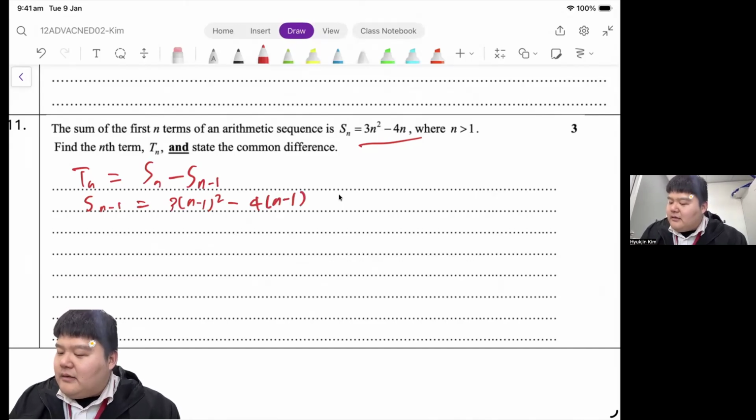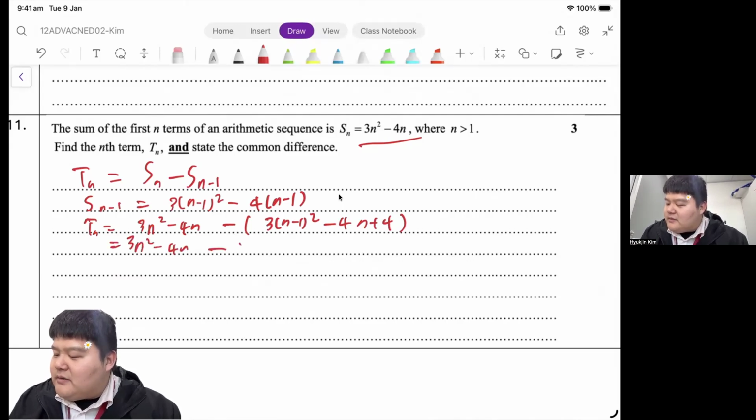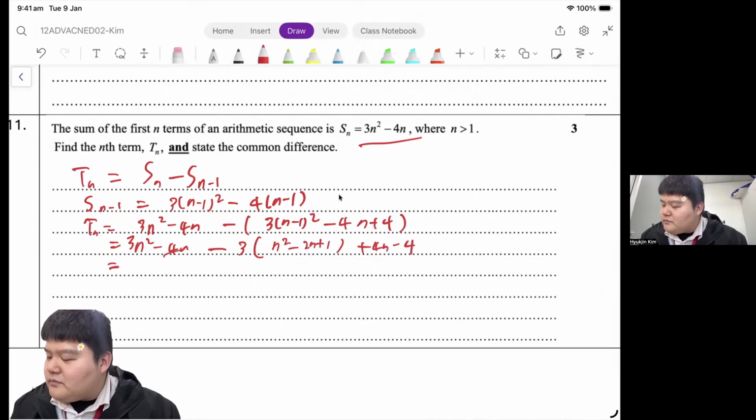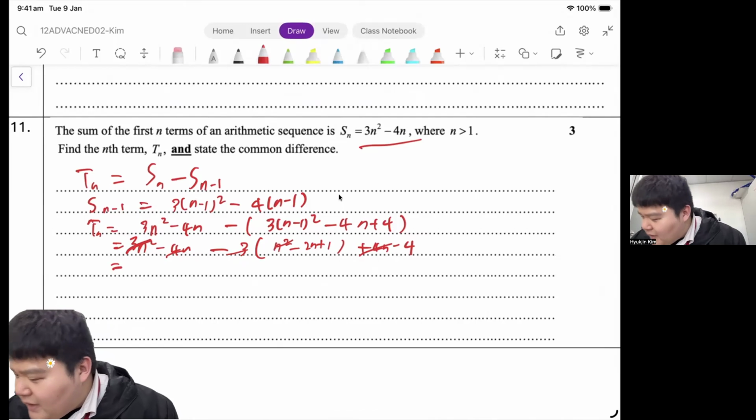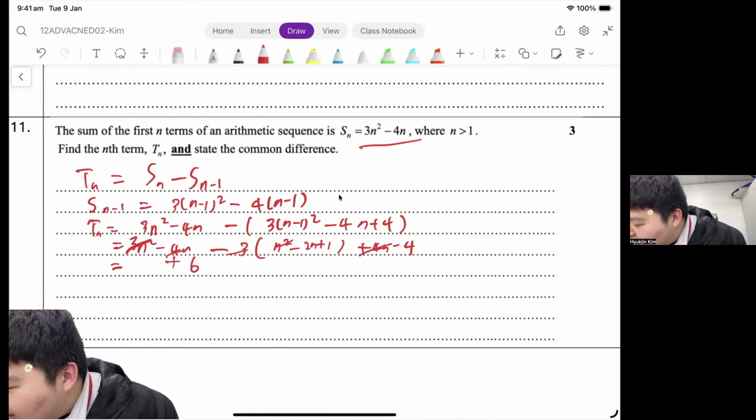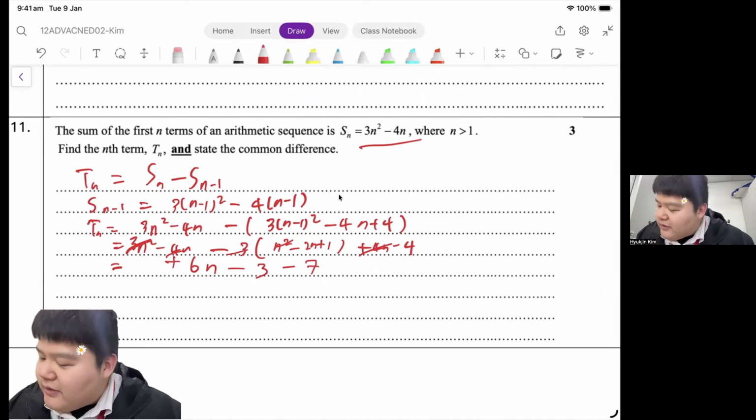So now T of n equals 3n squared minus 4n minus bracket 3n minus 1 squared minus 4n plus 4, because 3n squared minus 4n minus 3 n squared minus 2n plus 1 plus 4n minus 4. 3n squared cancels, and plus 6n minus 3 minus 7. So now you get 6n minus 10.